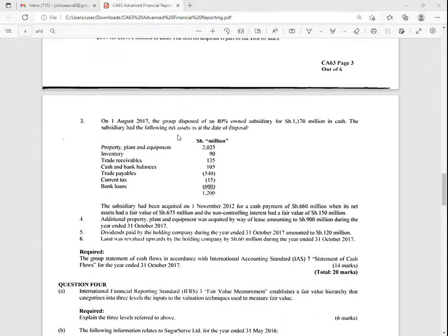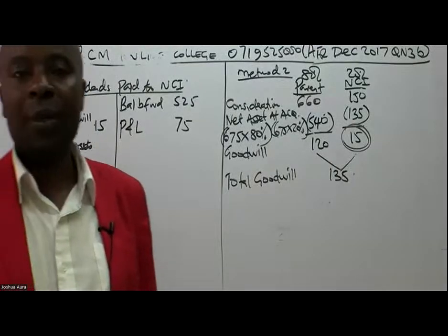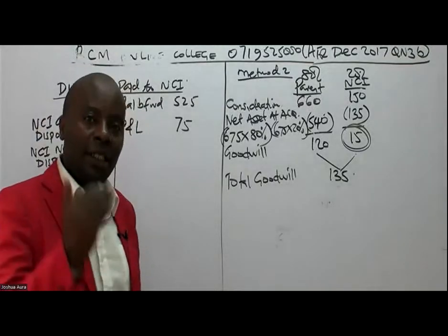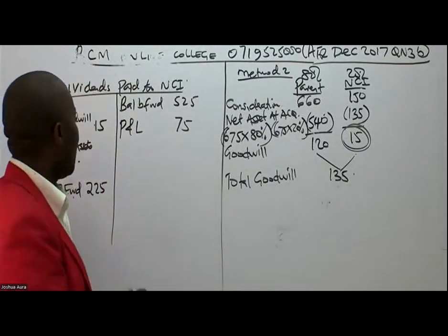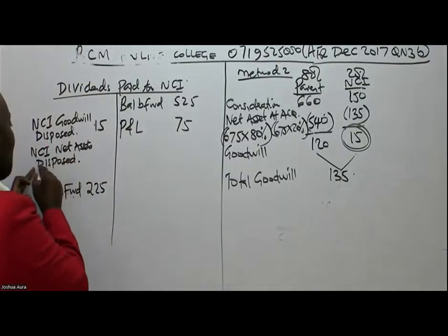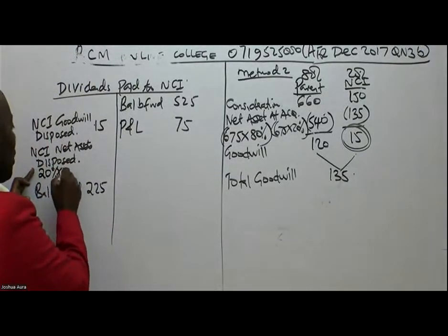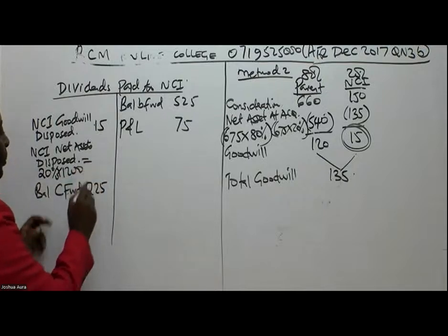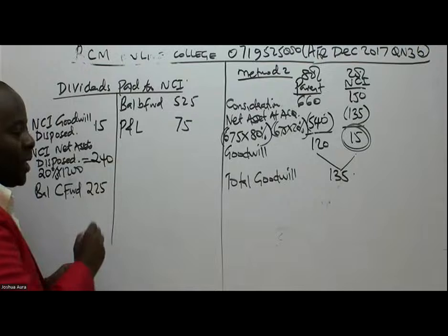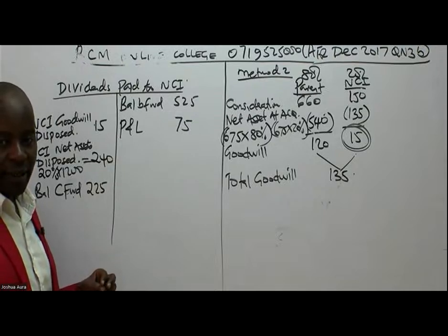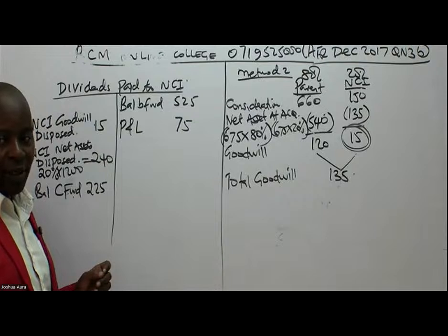The subsidiary had the following net assets as at the date of disposal: 1,200. And out of this 1,200, 20% belongs to NCI. At the date of disposal, they lost. So NCI's net asset disposal will be 20% of 1,200. This must be 240, right? 240, thank you very much.